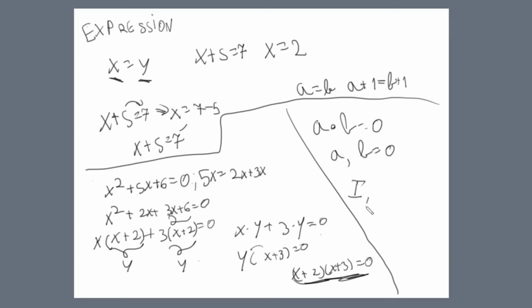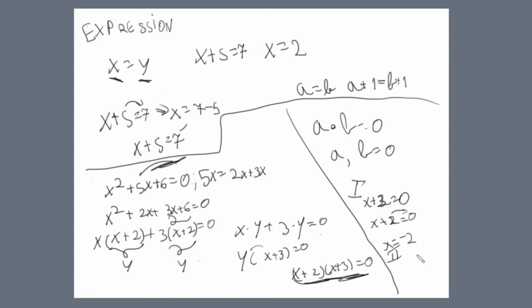So case 1, it's going to be x plus 2 is equal to 0. And since x plus 2 is equal to 0, we use the rules that I described above, and we turn the 2 to the other side, and we're going to get x is equal to minus 2. We're going to do the same thing for the second case.